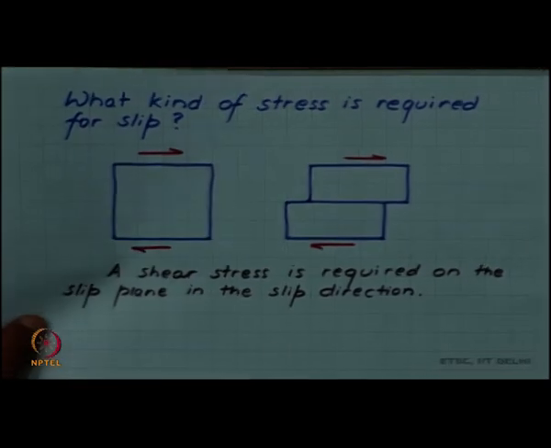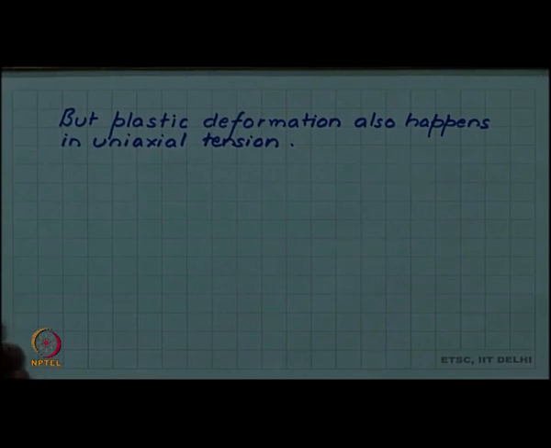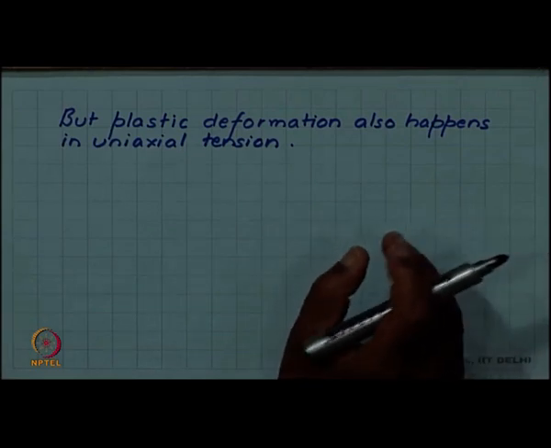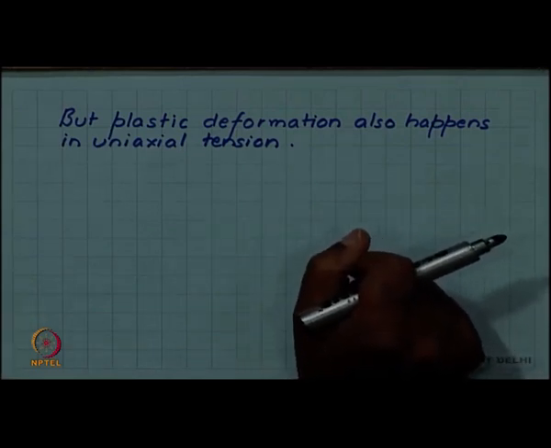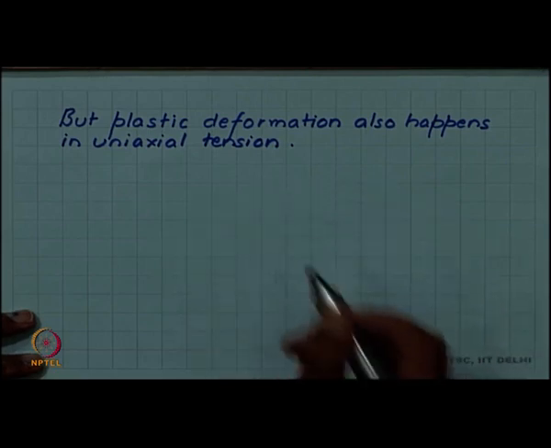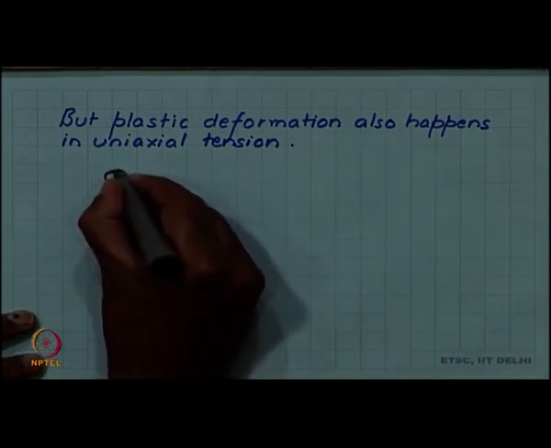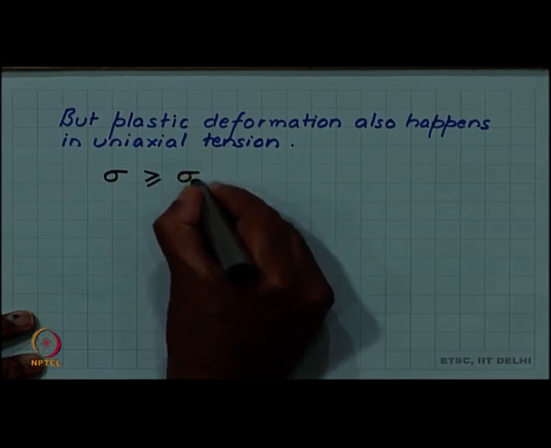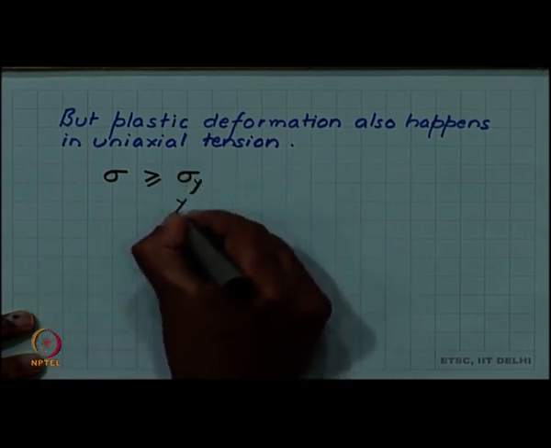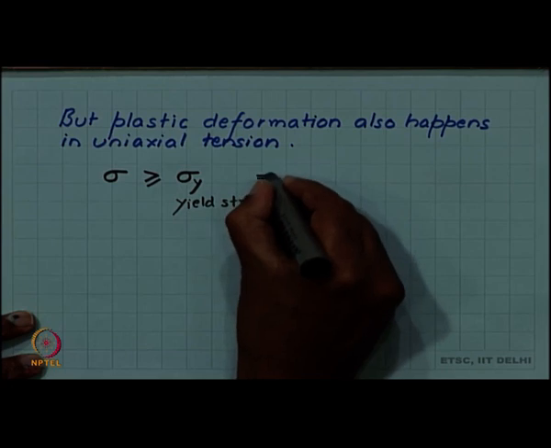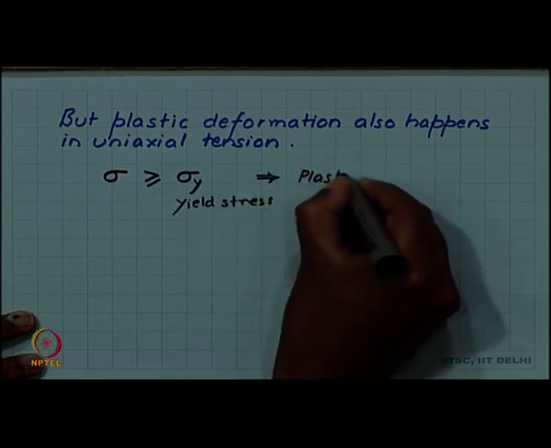But then we have also seen that plastic deformation also happens in uniaxial tension. In the beginning of this chapter, we discussed the uniaxial tensile test as an important test for deriving the mechanical behavior of the material, and there we saw that initially the material deforms elastically, and when the tensile stress reaches a critical value called the yield stress sigma y, then plastic deformation happens in uniaxial tension.